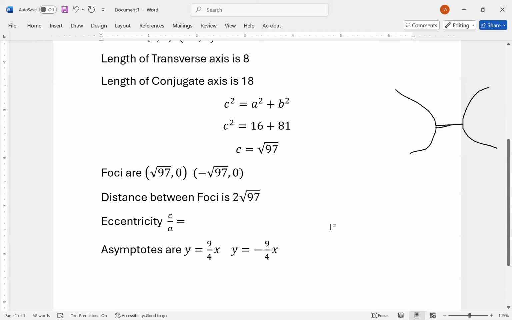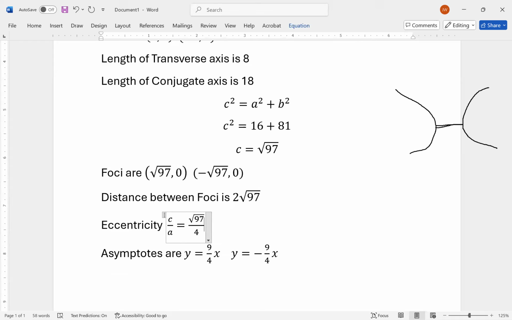And then the eccentricity is always C over A. In this case, we get the square root of 97 all divided by 4. Remember, A here is 4. Square root of 97 divided by 4 is about 2.46. Notice that this eccentricity is more than 1.